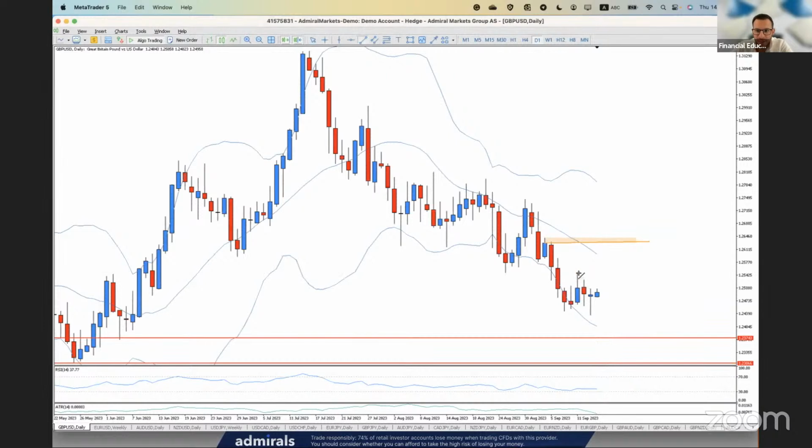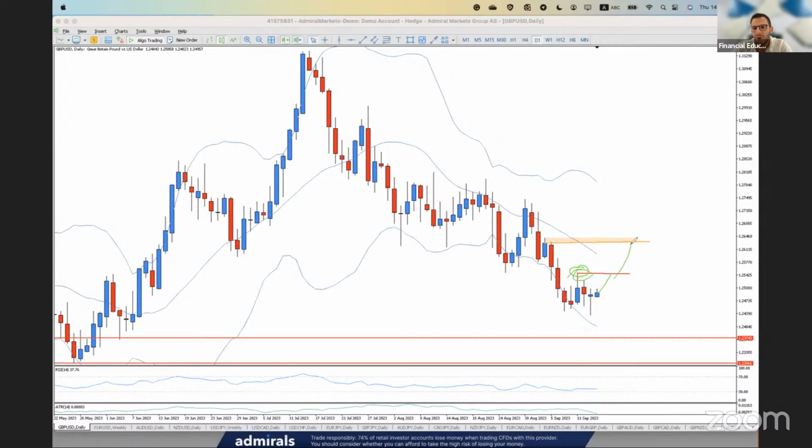So we identified as well a new structure on the daily chart with a daily high, this point here. So there is room for the price to move, as I show you here. So price can push higher at least up to this point. And here is where traders usually get confused.